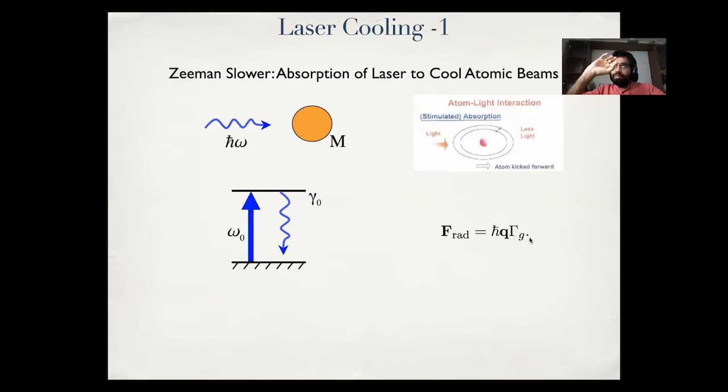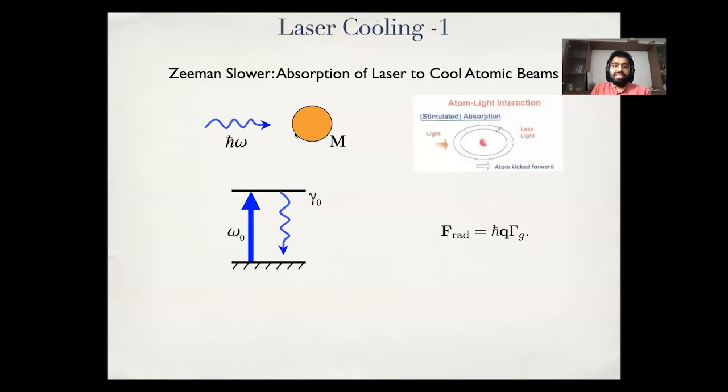So the spontaneously emitted photon by the atom can go anywhere with some distribution in space. It is not always emitted in the same direction as the original photon. Because if it were preferentially emitted in that direction, then of course you have no momentum loss. But because it can be emitted in different directions, and it's very randomly emitted, on average, the recoil that you get due to spontaneous emission doesn't slow you down. It doesn't change your average momentum.